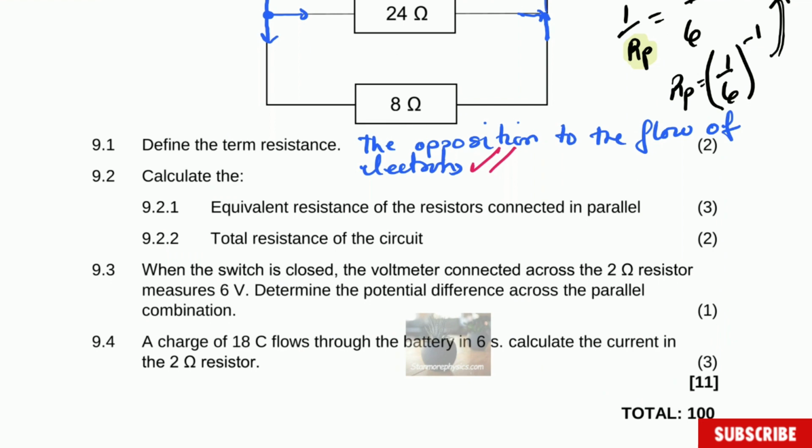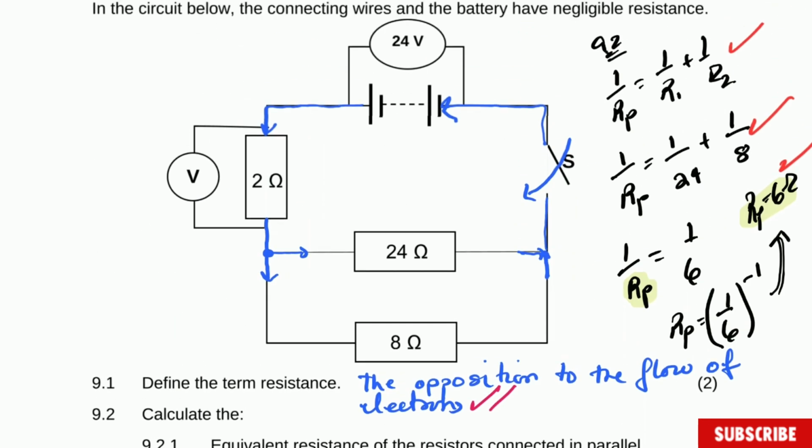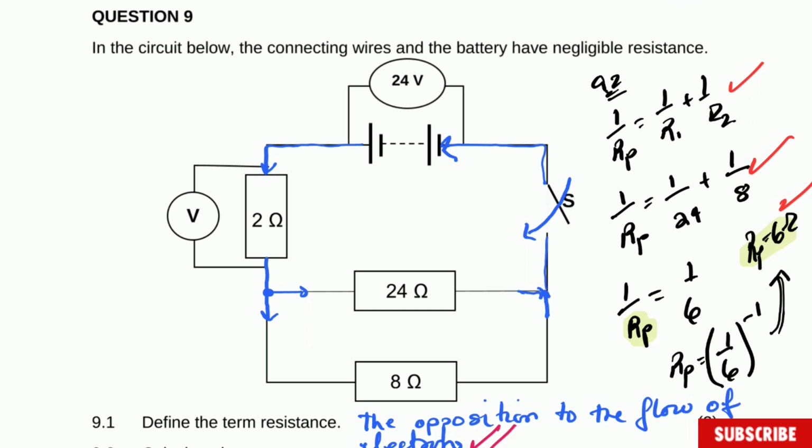And the next question is to calculate the total resistance of the circuit. So now, what you need to know here? You need to know that the total resistance, and I'm going to write here external, this one is for higher grades. So the external resistance is going to be equal to the addition of resistors in series plus resistors in parallel. This one is question 9.2.2.